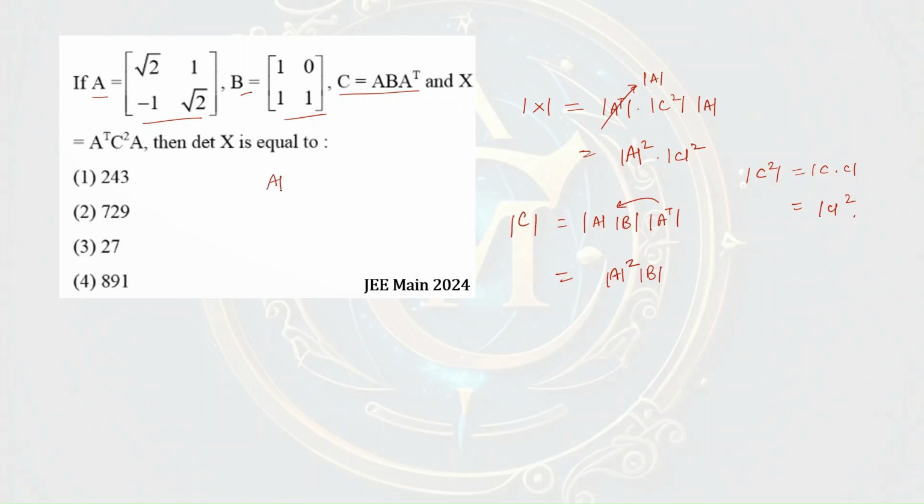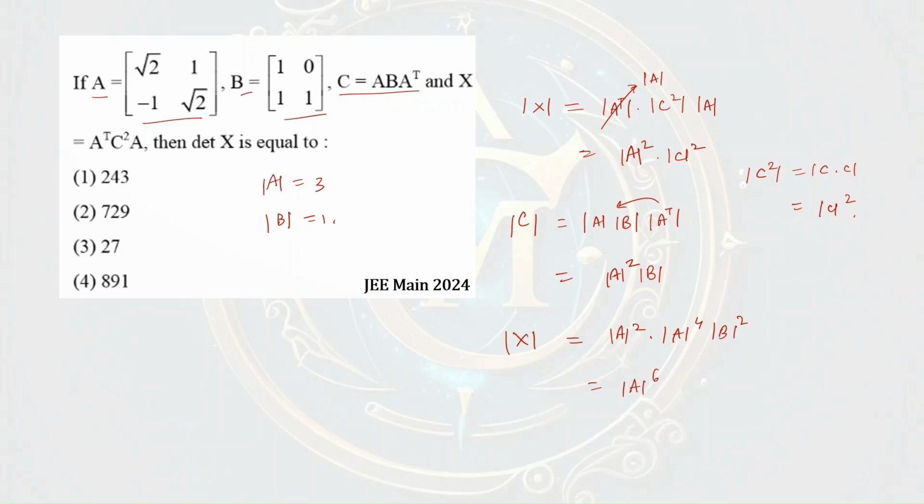Now what is determinant of A? Determinant of A is simply, you calculate the determinant, 2 plus 1, so 3. Determinant of B is simply 1. So the determinant of X becomes determinant of A square times determinant C whole square. So determinant of A whole to the power 4 times determinant of B whole square.